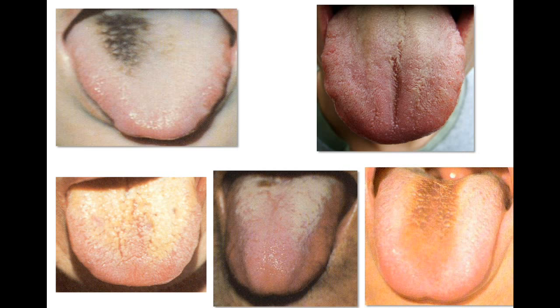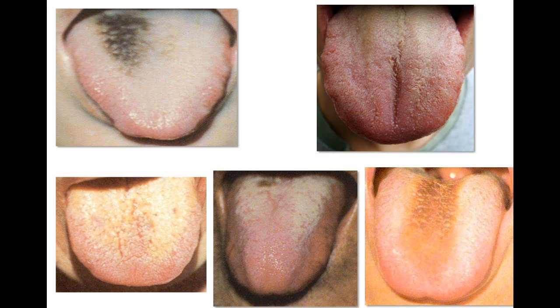And these pictures here all indicate various degrees and various types of damp heat in the lower burner. Notice how many of them, practically all of them, maybe except the one on the top left and the three on the bottom, illustrate what I said earlier, that the dampness is both in the middle and the lower burner.